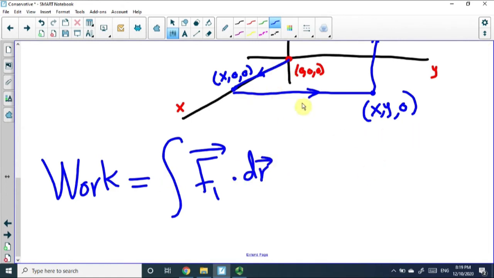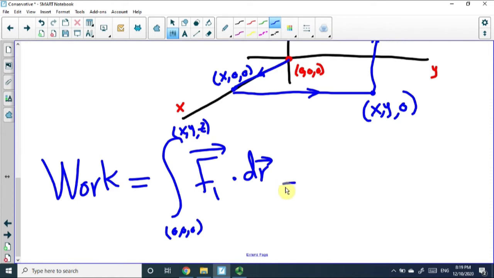I'm going to cut this path into small displacements, do a dot product between the two vectors, and then integrate from the initial point, 0, 0, 0, the origin, until I reach the final location, which has these coordinates.